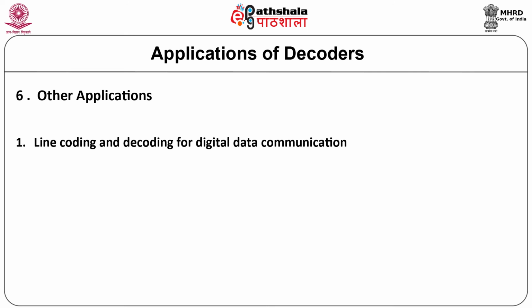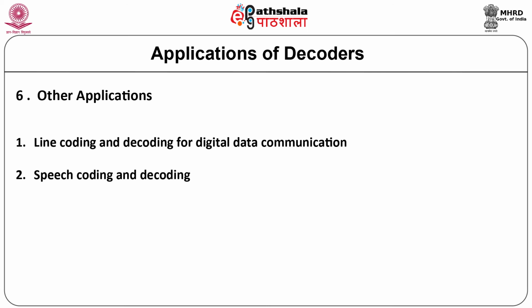For line coding, usually an encoder is preferred, whereas the decoding application is done by the decoder. Similarly, an encoder is used for speech coding, whereas a decoder can be used in speech decoding. Now, this speech coding and decoding basically generates a circuit called a vocoder, where voice coding and decoding can be done.